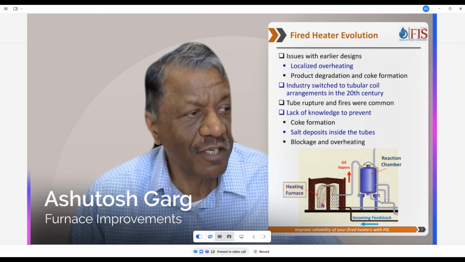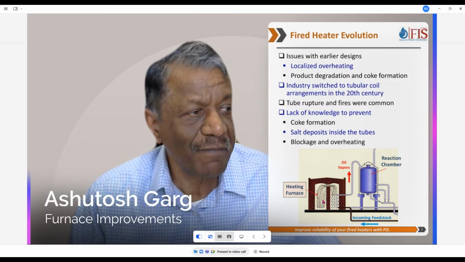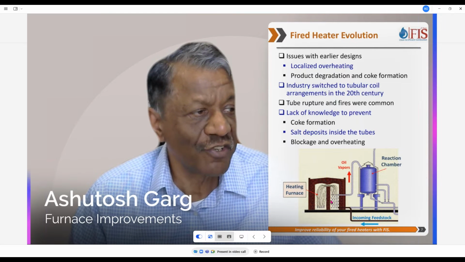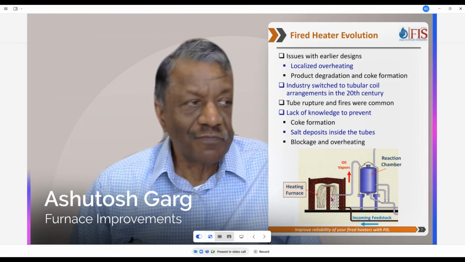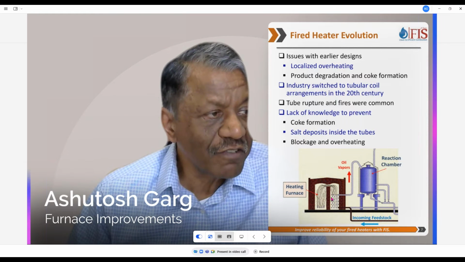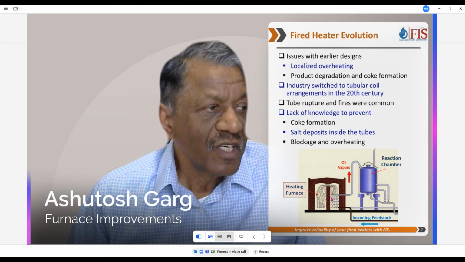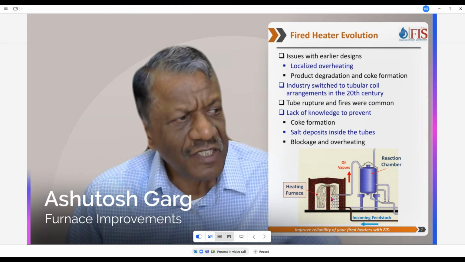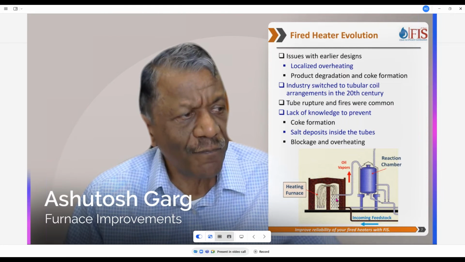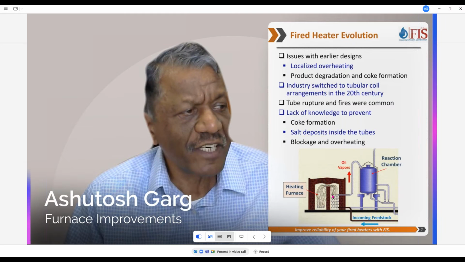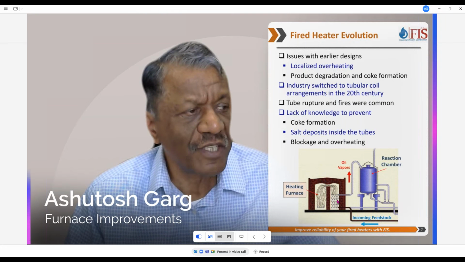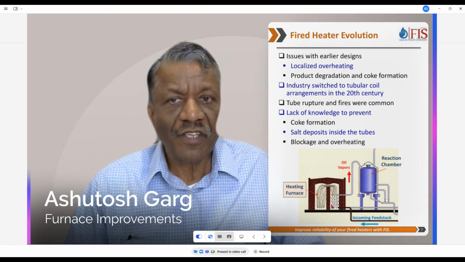This was the heating furnace or the combustion chamber, and this is the convection section. All these pipe stills did not have any surface in the radiant section, and the tubes in the hotter section would keep on getting coked. So they would remove these tubes, and then they realized that there is still something missing.